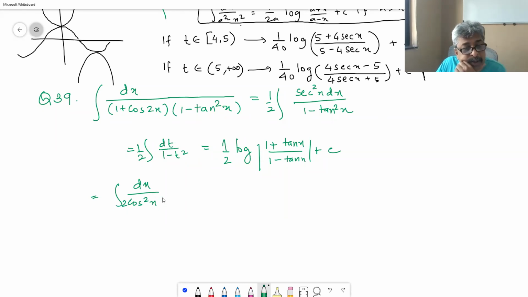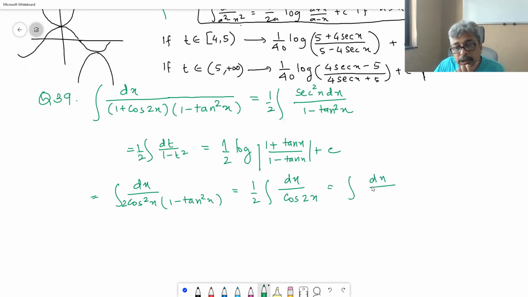Inside the bracket, 1 minus tan square x makes it 1 upon 2 integral dx upon cos square x minus sin square x, which is cos 2x, which is integral sec 2x dx.